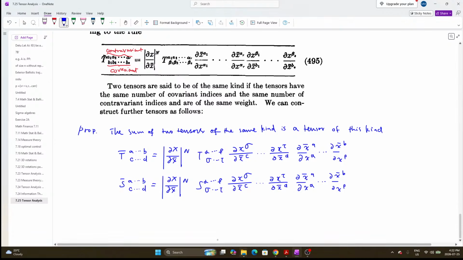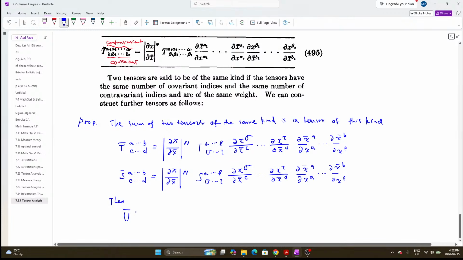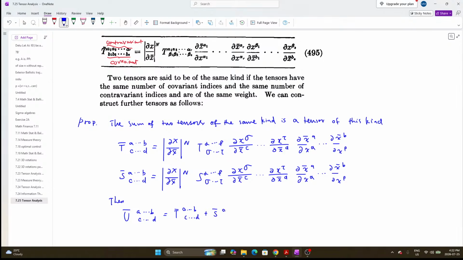Let's call that U. Then U bar A all the way to B, C all the way to D is defined as T bar A all the way to B, C all the way to D, plus S bar A all the way to B, C all the way to D.